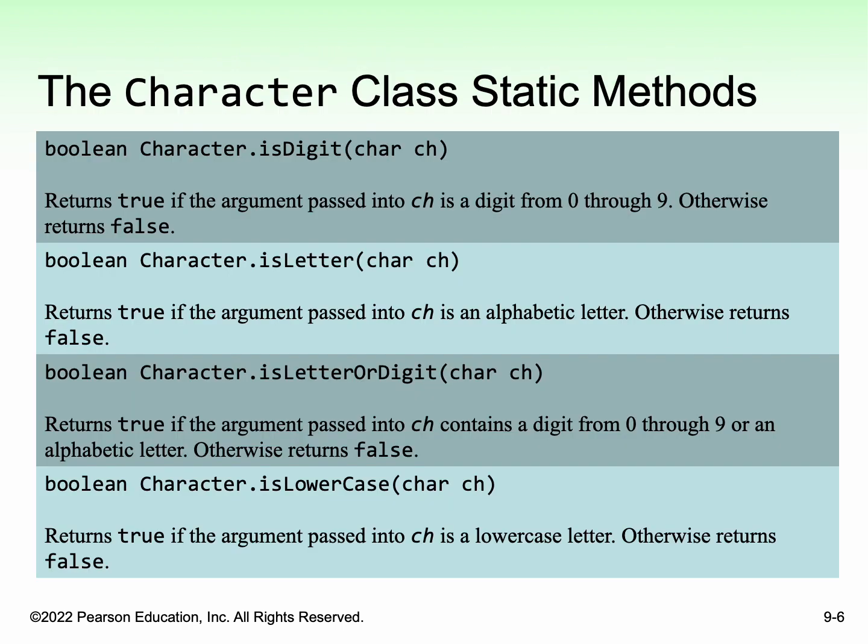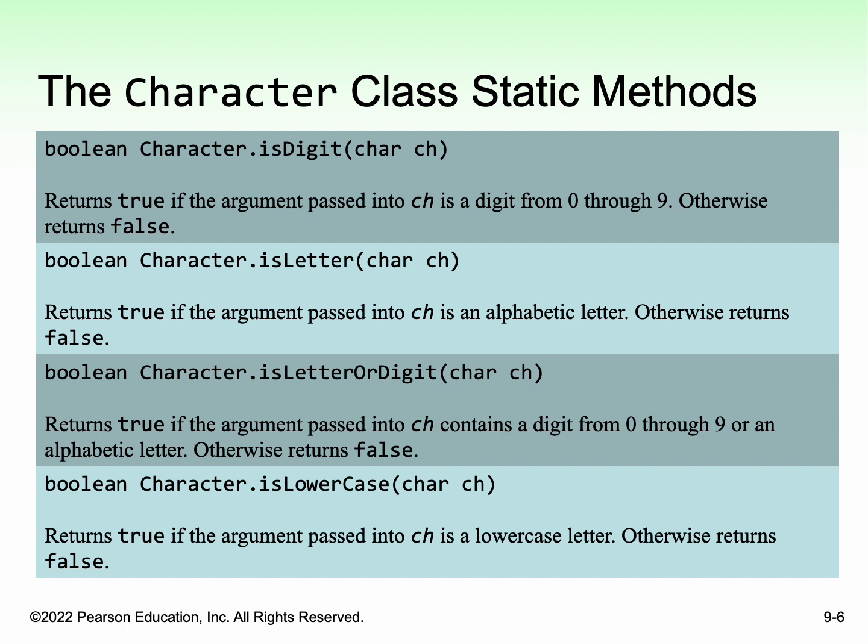Alright, let's begin with the first simple methods. There are a couple of Boolean methods that are provided to you inside of the Character class, and they're all very useful. Let's recall that a Boolean can only return either true or false. So let's get familiar with these methods.